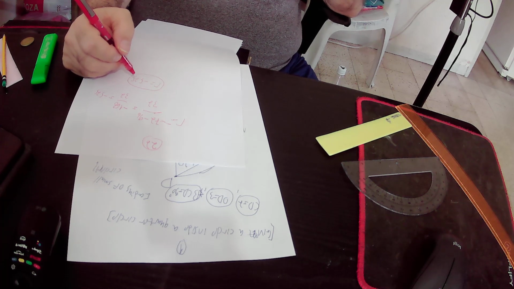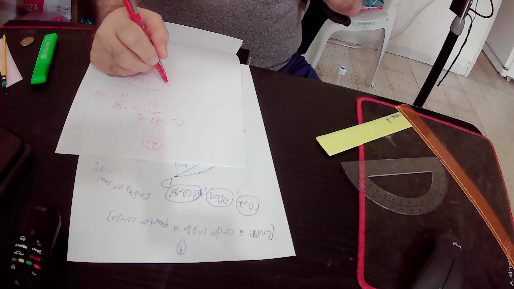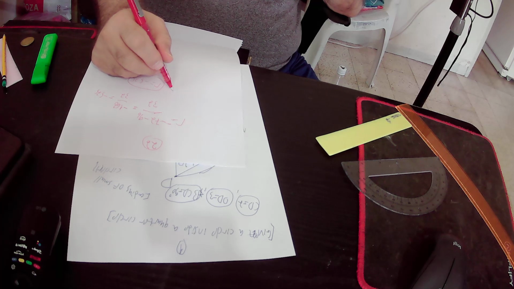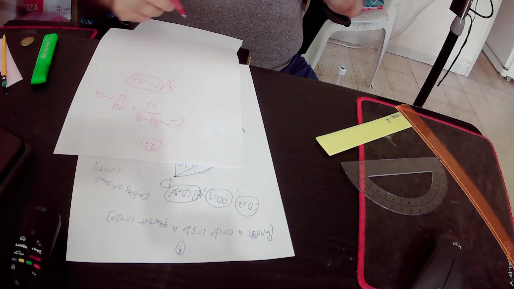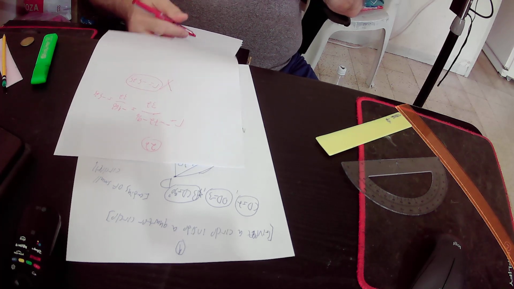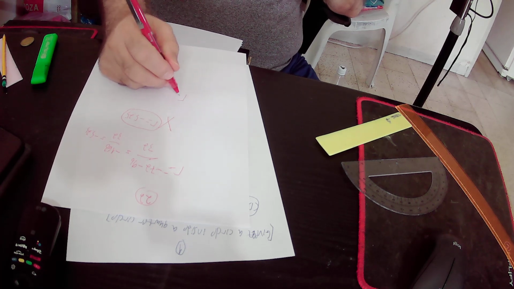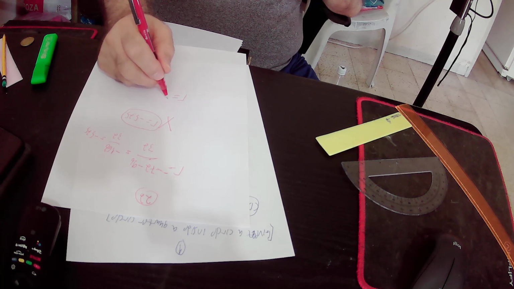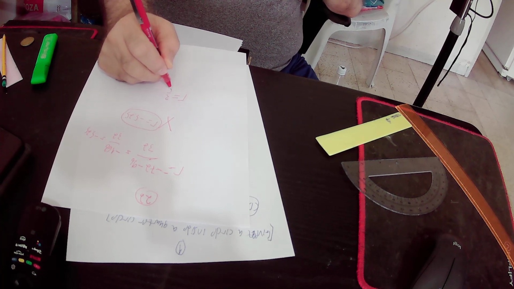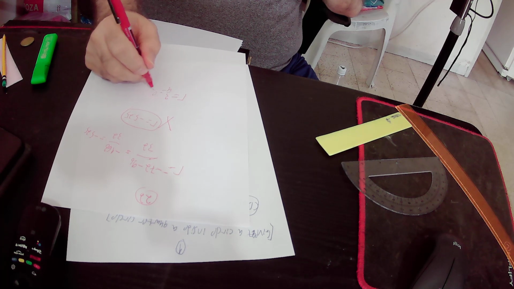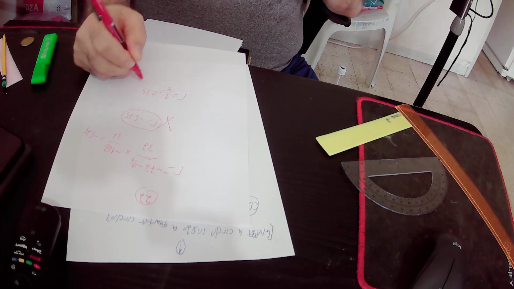must be a positive number, so this answer is not correct. So we are left only with the solution that the radius of the small circle equals to 3 over 4, or 0.75 units.